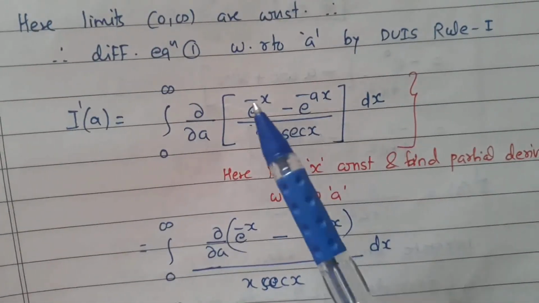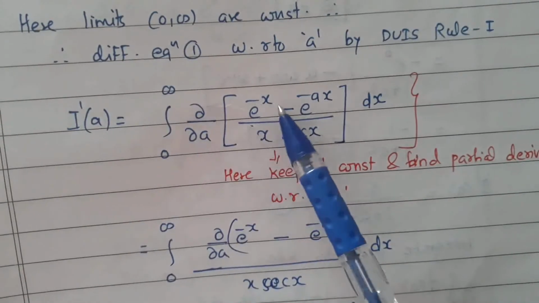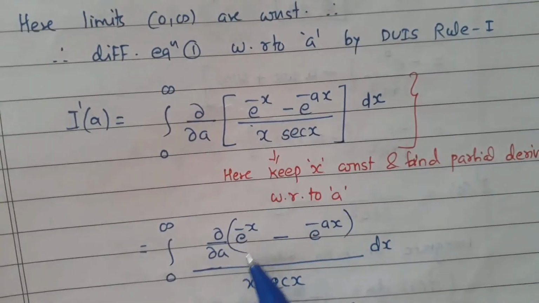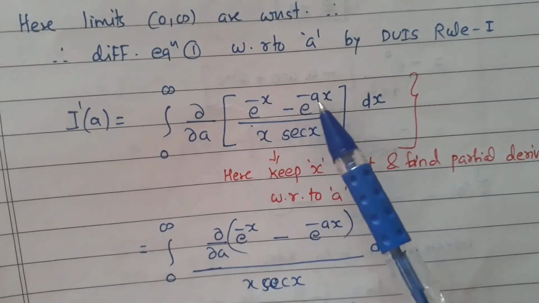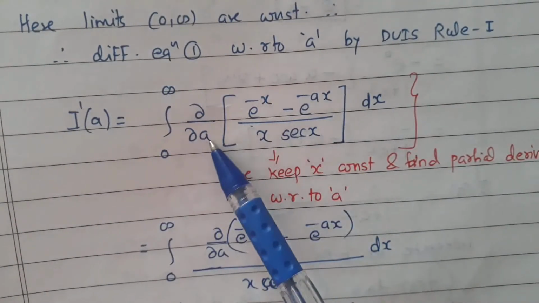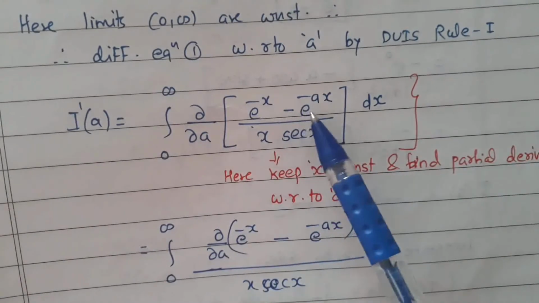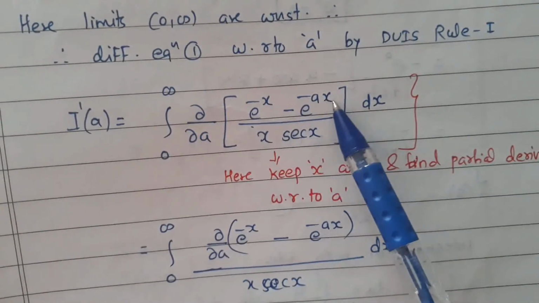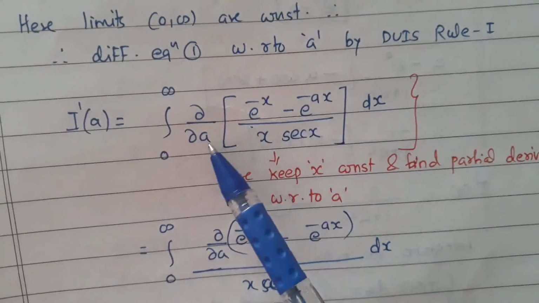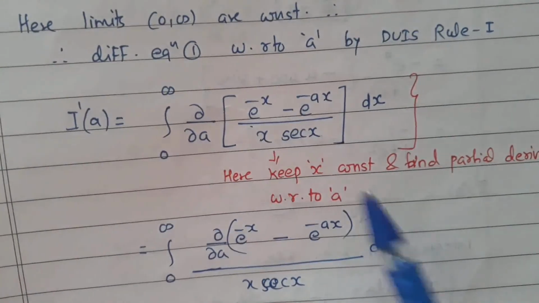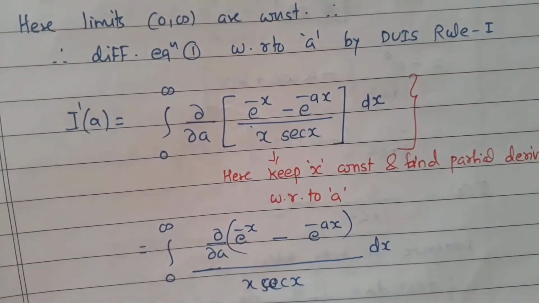So the partial derivative of e raised to minus x becomes 0, and the partial derivative of e raised to minus ax with respect to a is minus e raised to minus ax into the partial derivative of minus x with respect to a, which is minus x, upon x sec x, keep as it is.